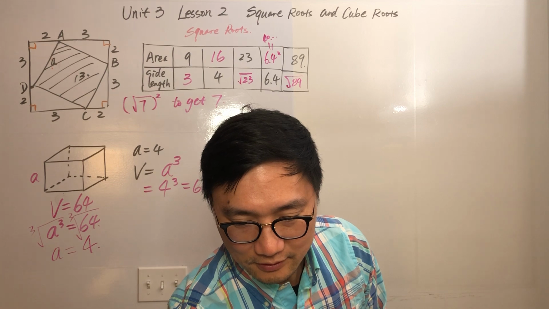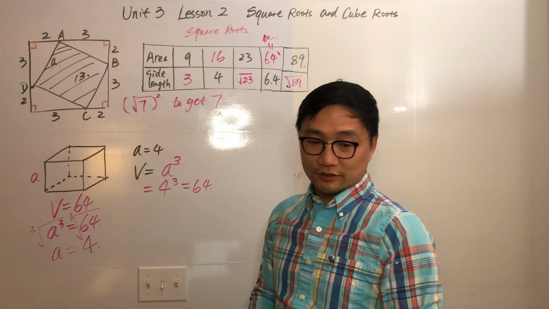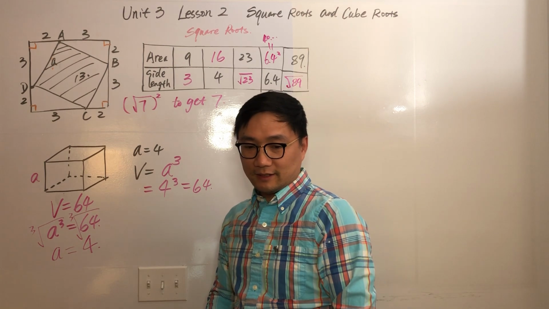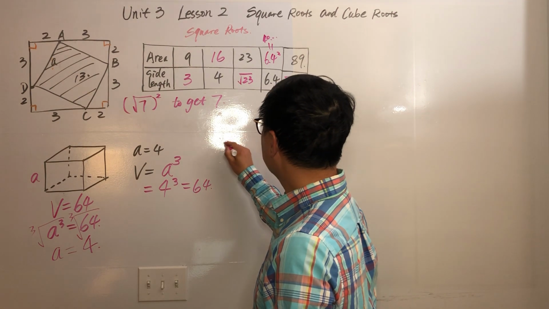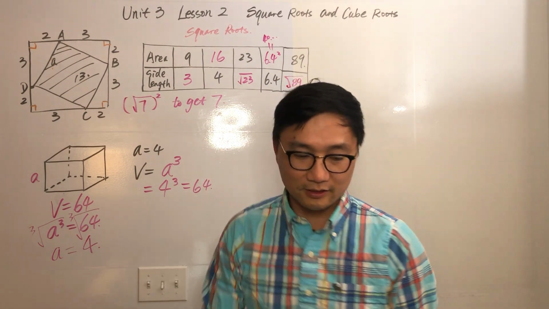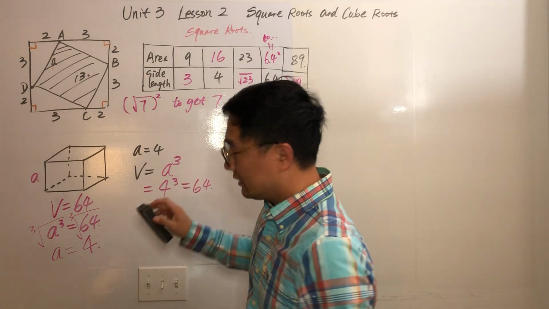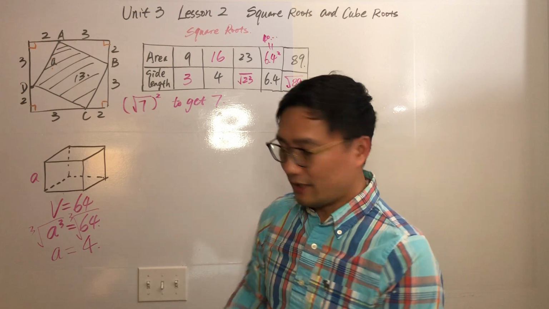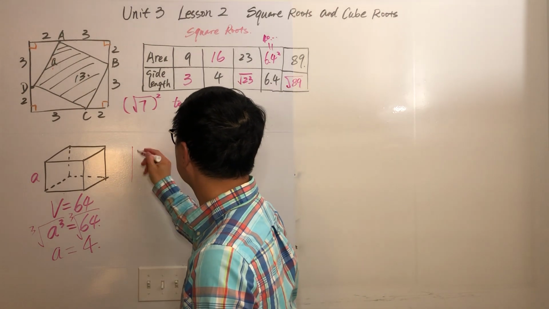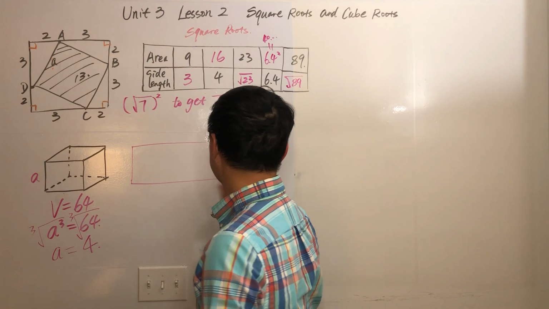So now I give you some questions. If the cube side length is A, I can also give you a table like this. Okay, how do I make a table? The same as the top, right?